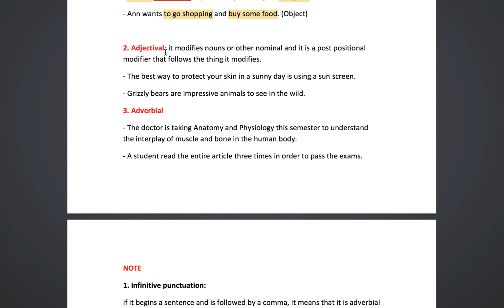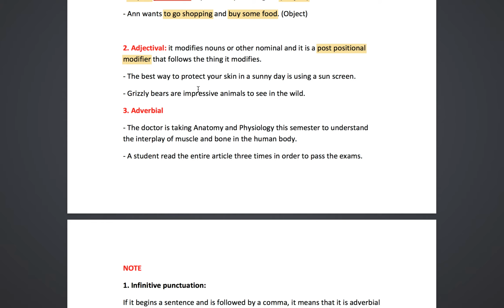Just for your reminder, we have adjective alone or basic adjective, you can say, that describes a noun in a sentence. They come before the noun that they modify. But here, the phrases or verbals that we have follow the noun that they modify. They don't come before the noun that they modify. They come after the noun in a sentence. So they are called a postpositional modifier.